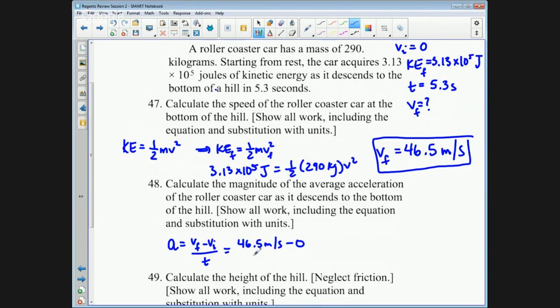My initial speed was 0, and my time is 5.3 seconds. So 46 divided by 5.3 equals approximately 8.7 meters per second squared. So that's the answer for that.